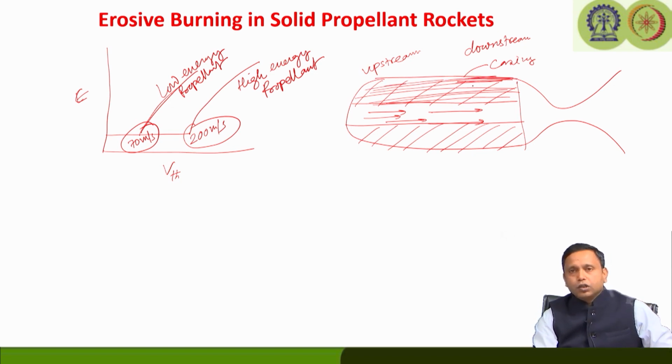That may cause a discrepancy in the burning profile, and the thrust time curve we generated from the theory is going to change. We have also mentioned that in the early stage of burning, when the port area divided by the throat area was comparatively lower, the cross flow was higher. So the erosive burning is more prominent when AP by AT is on the lower side, because the gas velocity will be higher during that time.